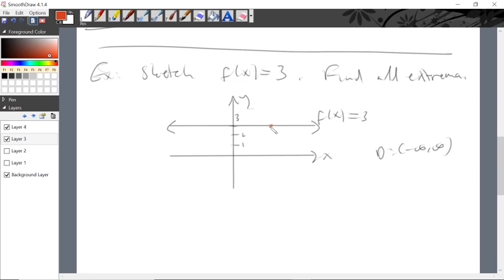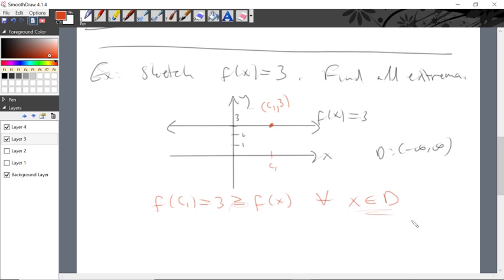So let's take this point right here. What's that point? Well, let's say the input is c, just some value within the domain. I'll call this one c1. This is the point with coordinates (c1, 3). Notice that f of c1, which is equal to 3, does satisfy that it is greater than or equal to f of x for all x in the entire domain, because we're allowing it to be equal to for any other point.